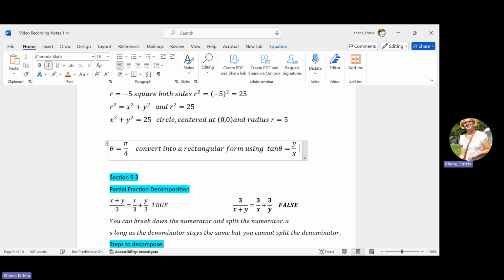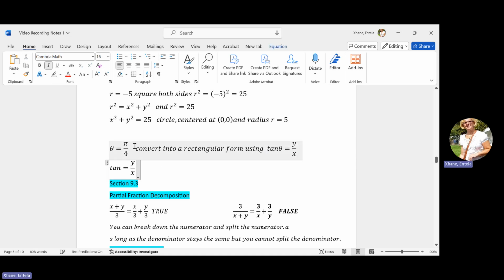So I'm going to merge these two things together. I know that angle theta is pi over 4, so tangent theta becomes tangent of pi over 4. So I'm substituting theta by pi over 4 because that's what's given.